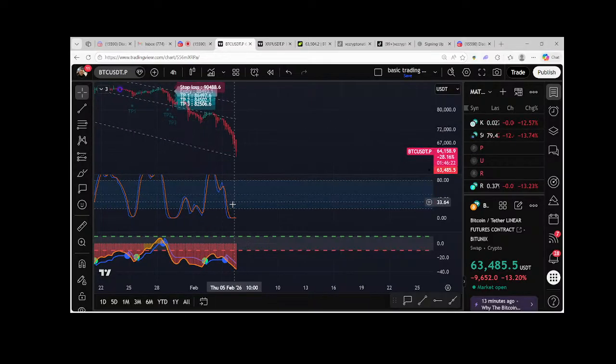Right now the sellers and the buyers are basically at the bottom of the sentiment. No one's buying, and that's why the red line is at the bottom, and more people are selling. That's why the blue line is at the bottom. So the pressure right now is still on the sell on the 4 hour.